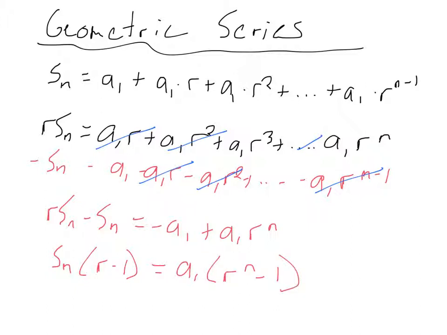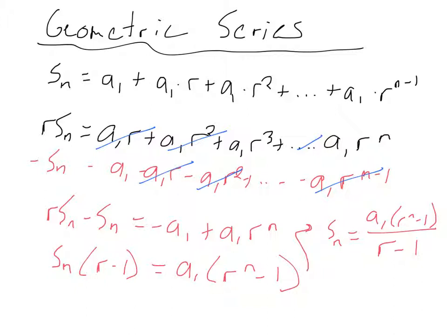And so the sum of this series, S sub n, is going to be a sub 1 times r to the n minus 1 all over r minus 1. Okay, so that is the formula for the sum of a geometric sequence.